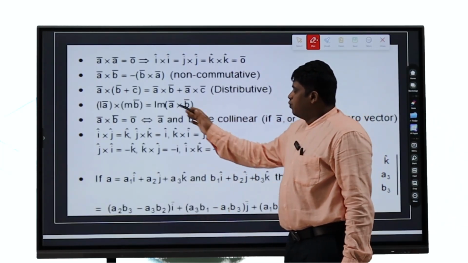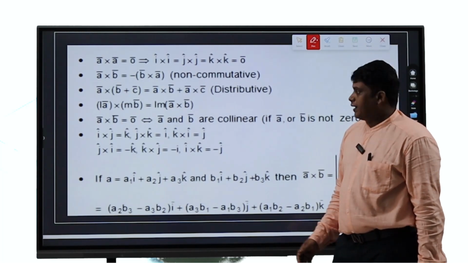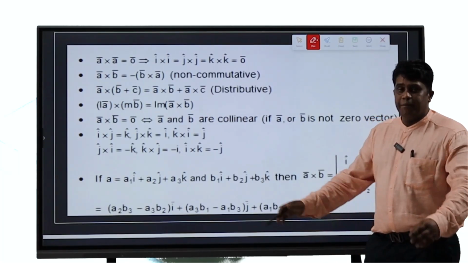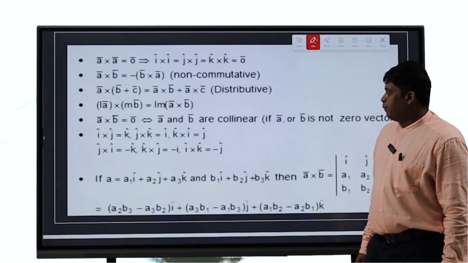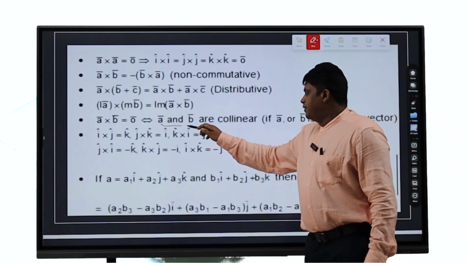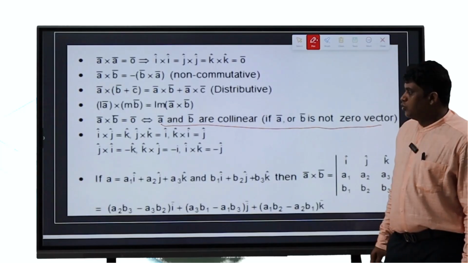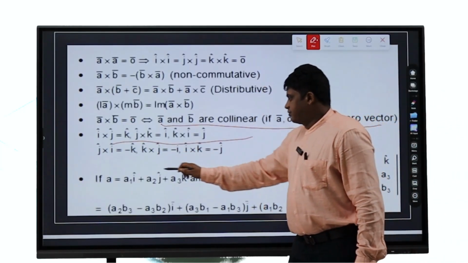Similarly, we can move scalars in between the cross product. That is, l times vector a cross m times vector b is equal to l m into a cross b. If a cross b is 0, then a and b are collinear, which means if a and b are parallel, then a cross b is equal to 0. These results we have already discussed.